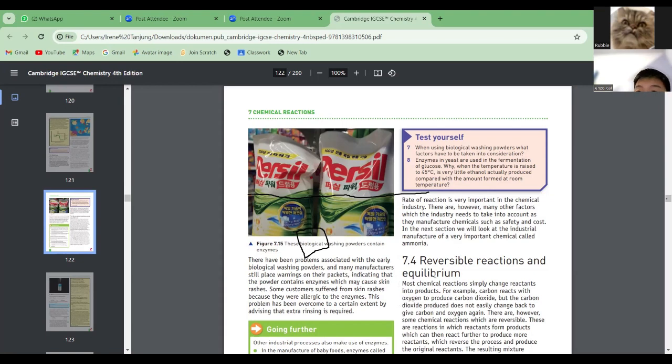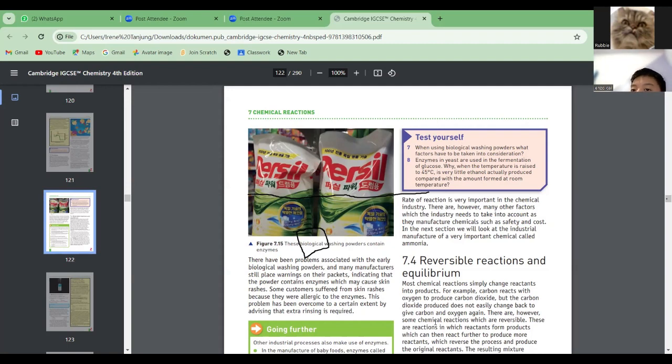Okay, so some chemical reactions can be reversed. Most chemical reactions simply change reactants into products. For example, carbon reacts with oxygen to produce carbon dioxide. But the carbon dioxide produced does not change back to give carbon and oxygen again.